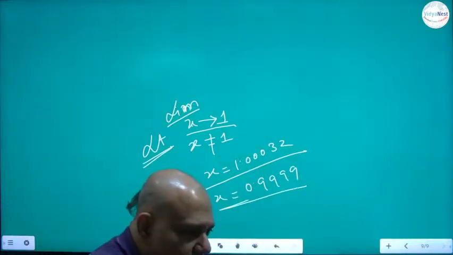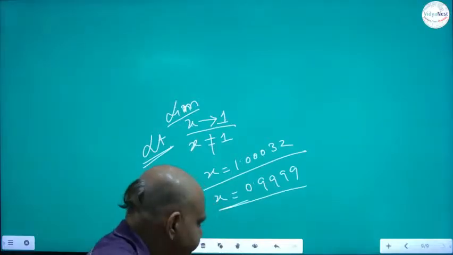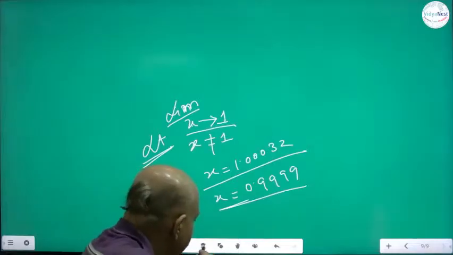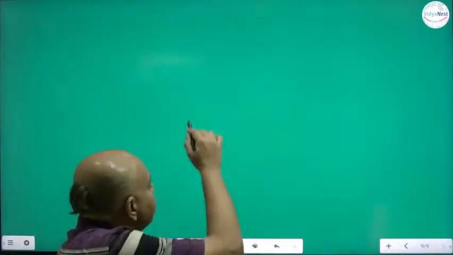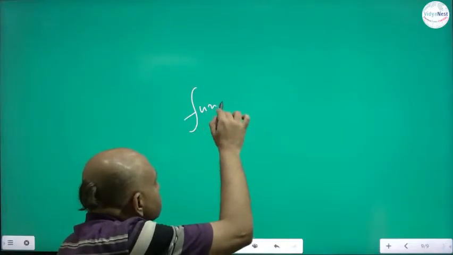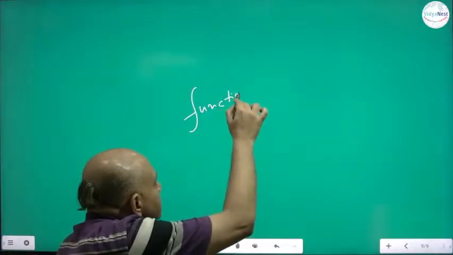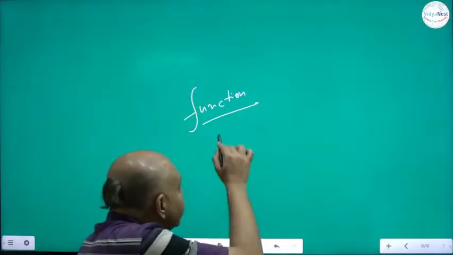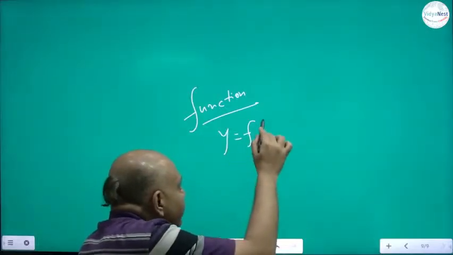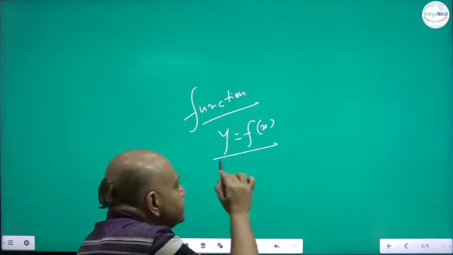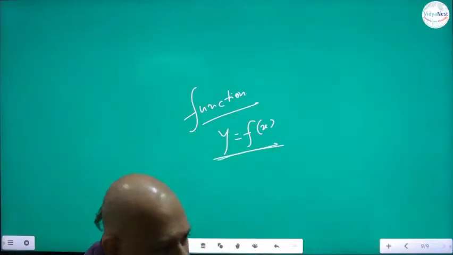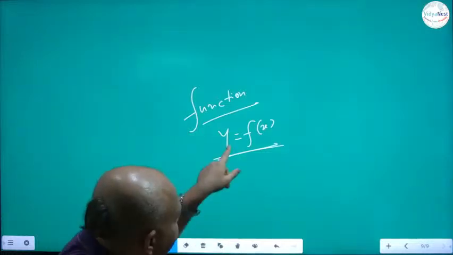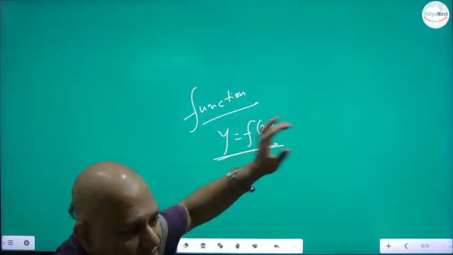Simple thing. Okay. Similarly, you can see the function. Suppose I write y is equal to f(x). It means y is dependent upon x.